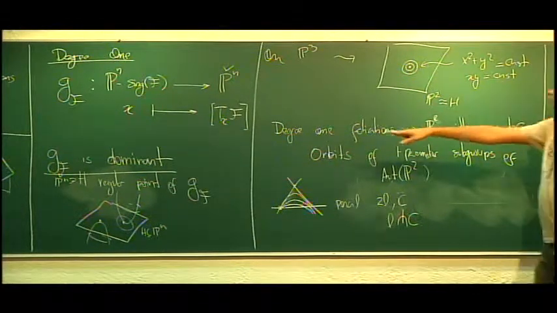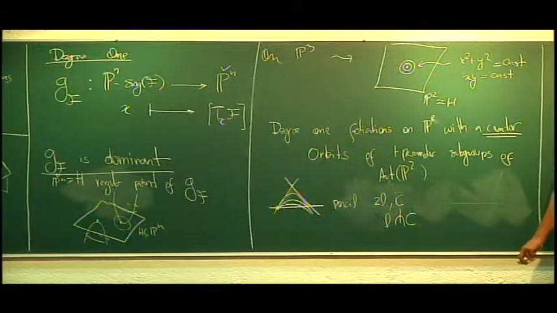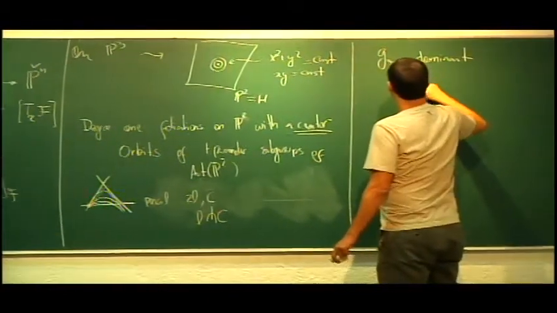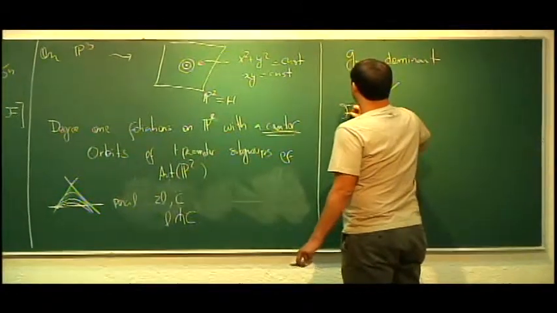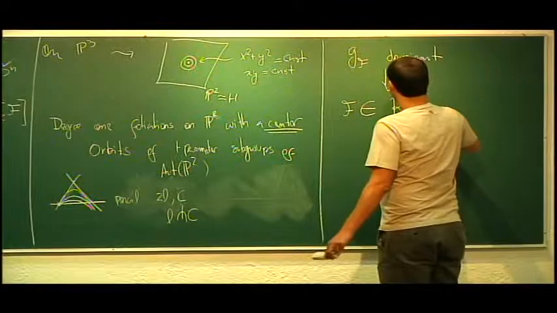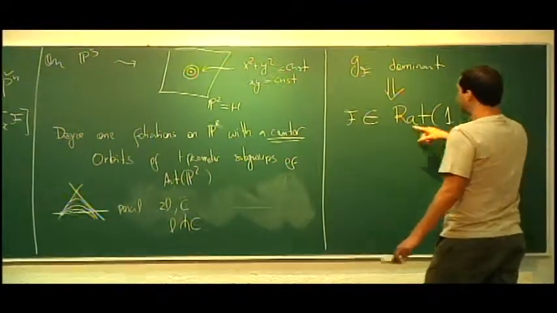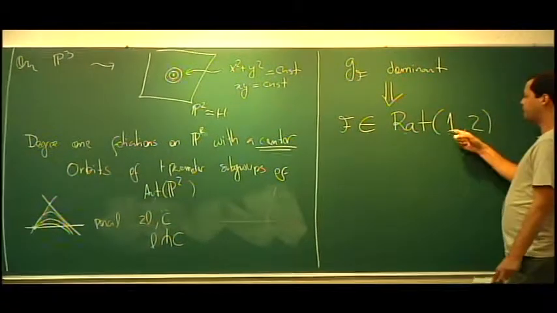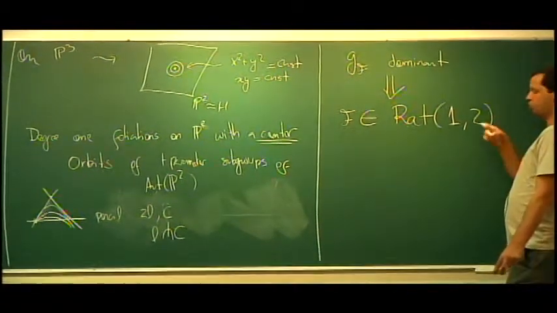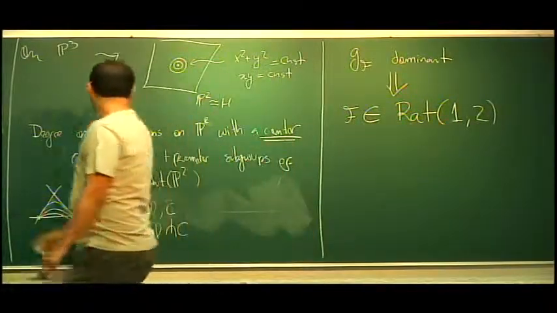So if GF is dominant, then our foliation belongs to the rational component that I will call R(1,2), meaning that it's a pencil of hypersurfaces of degree 2 and 1, with this one with multiplicity 2.